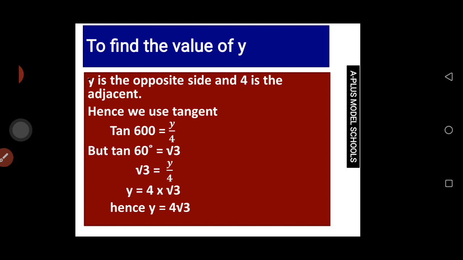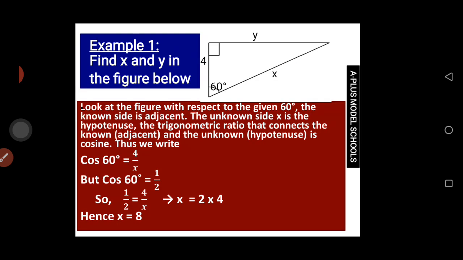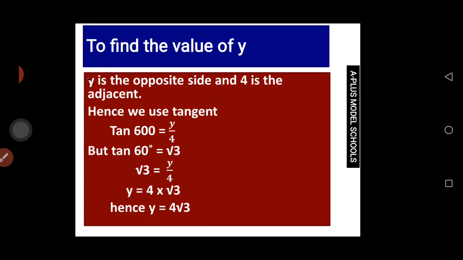To find the value of y, y is the opposite side and 4 is the adjacent. So I can use tan 60, or I can also use sine, which is opposite over hypotenuse. Here I can use tan 60 degrees, which is equal to y over 4. Don't forget tan 60 is opposite over adjacent, which is y over 4.